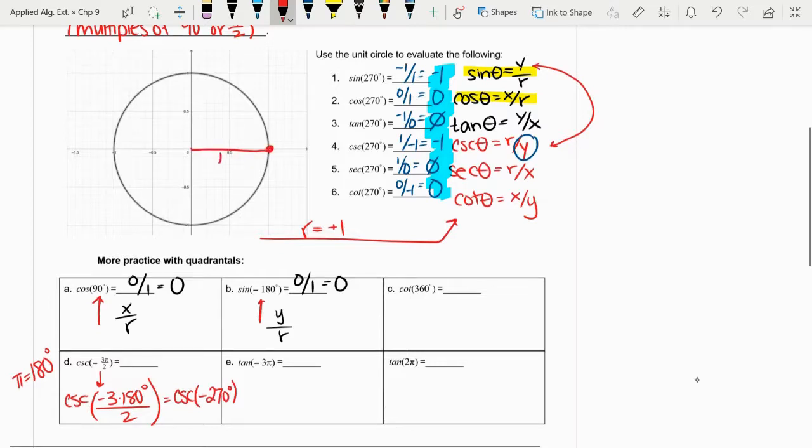Negative 270, we're going past negative 90, negative 180, negative 270. This is just like we had for 90 before. My point here is 0 for the x, 1 for the y. For cosecant, we need r over y. R is always 1. Y here is also 1.